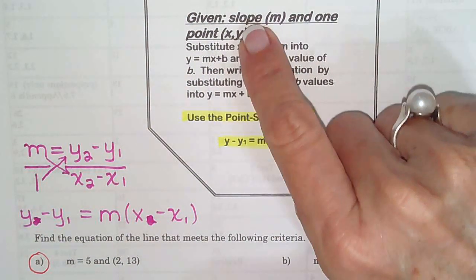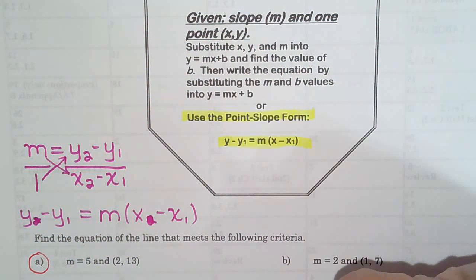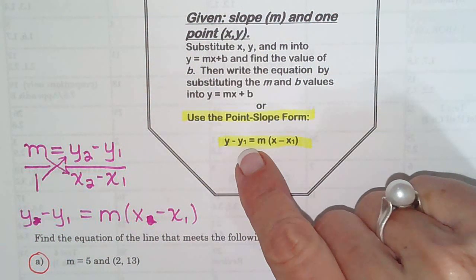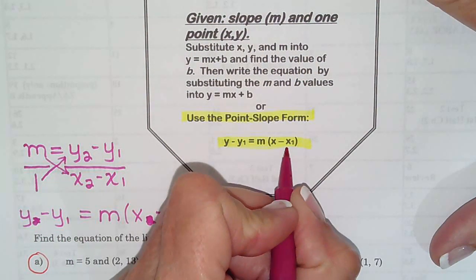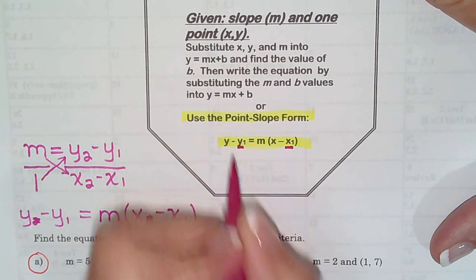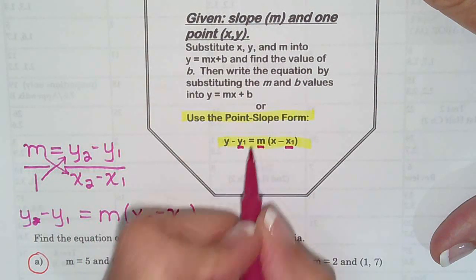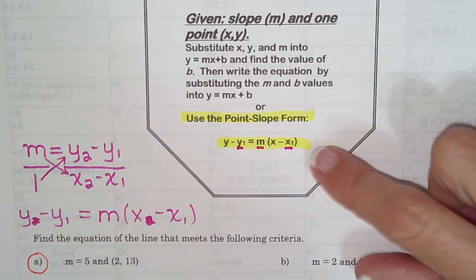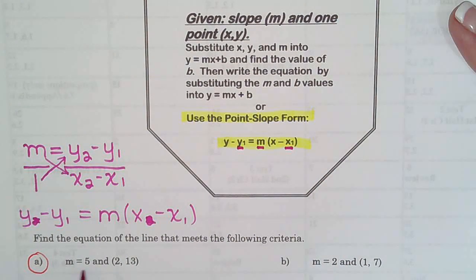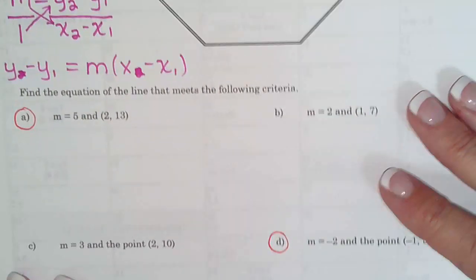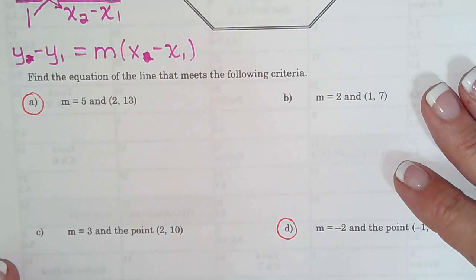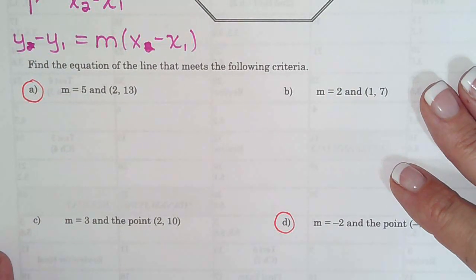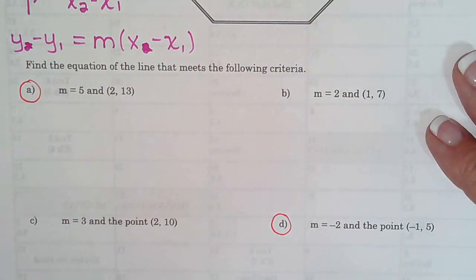So when we're given a slope and a point that's not the y-intercept, we learned that you plug the point in for x1 and y1, and you plug the slope in for m. So I see a slope and I see a point that is not the y-intercept, so I know I can't go straight to my answer.